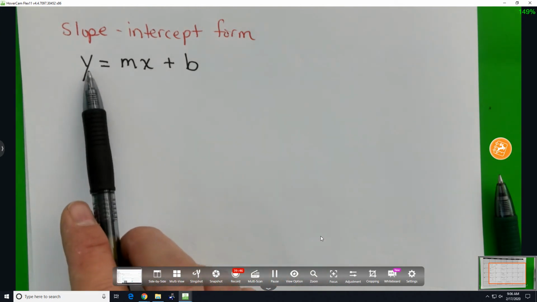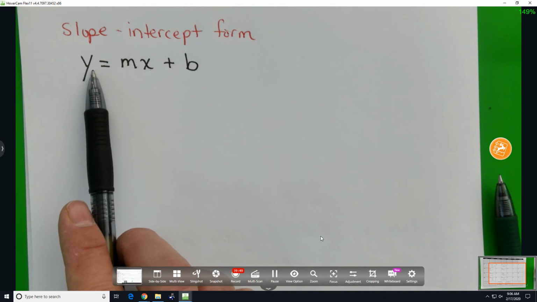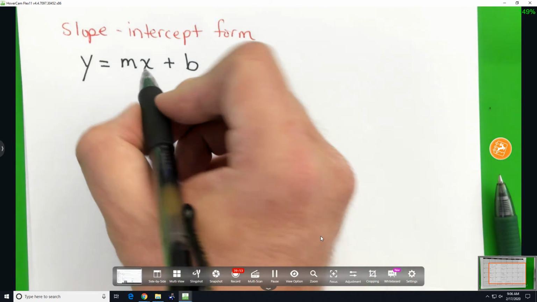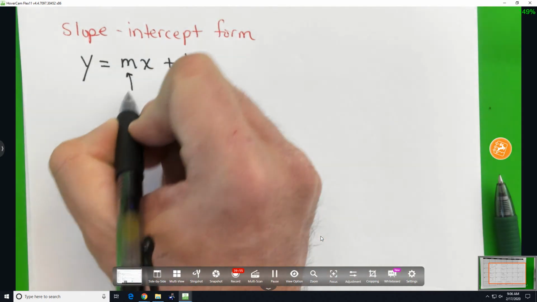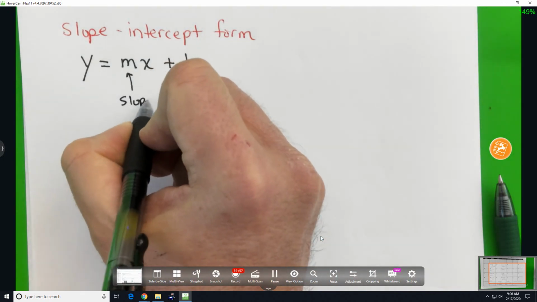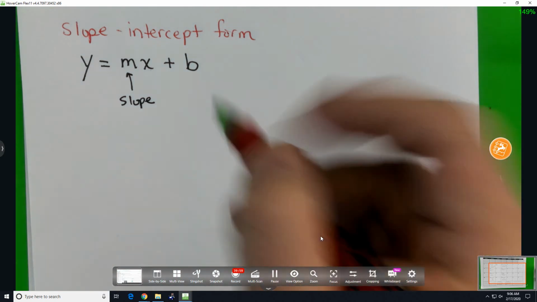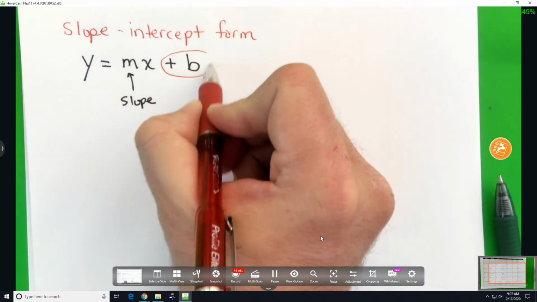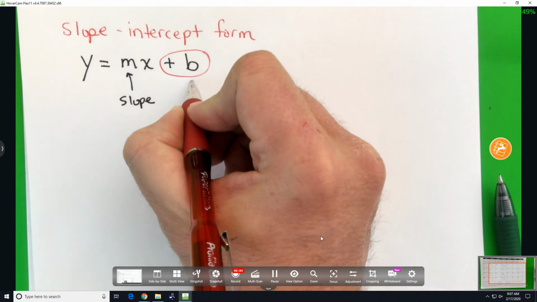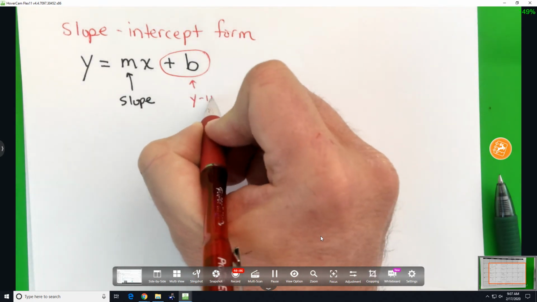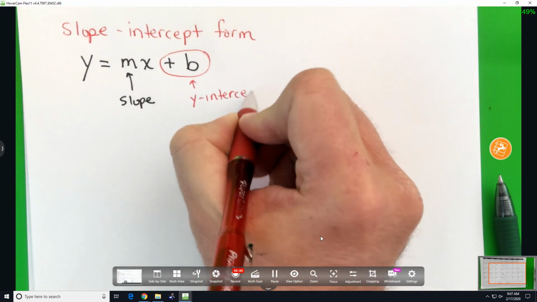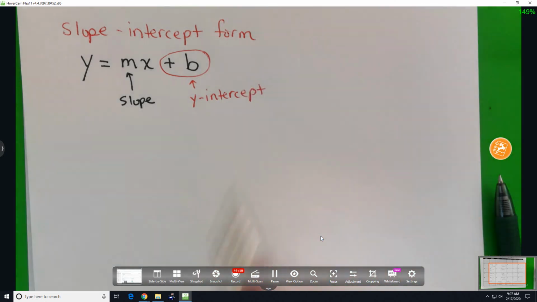If you have the equation of a slanted line written with the y by itself, then the number in front of x, that coefficient, is the slope. This number over here, together with the sign, is the y-intercept, or where it crosses the y-axis.